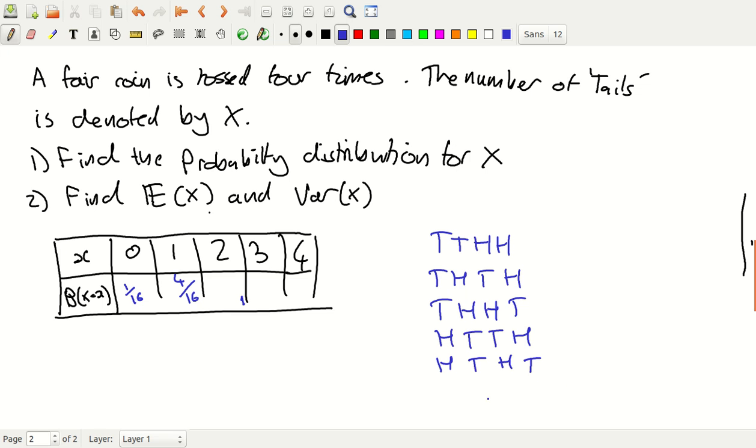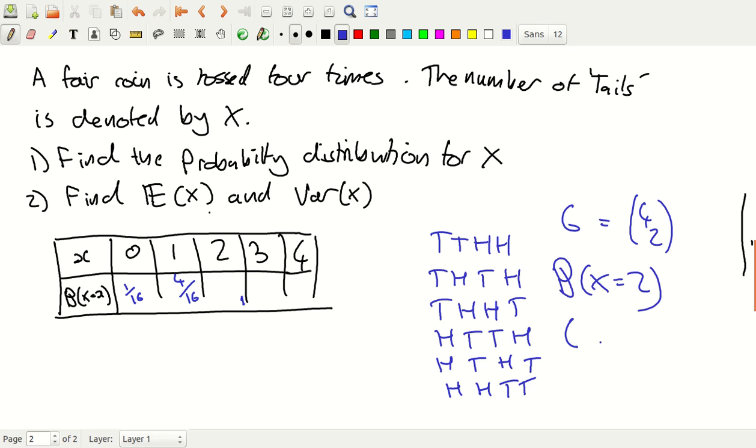But again, we'd rather have a more combinatorial way of thinking about it. So 6 is actually 4 choose 2. Which 2 of these 4 slots are you going to put the tails in? So the probability that X equals 2 is 4 choose 2 times a half to the power of 4. Yes, that's 6/16.